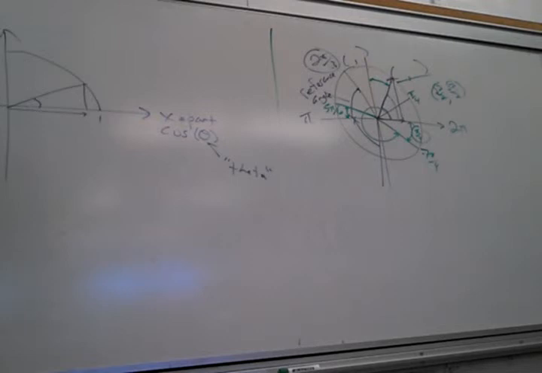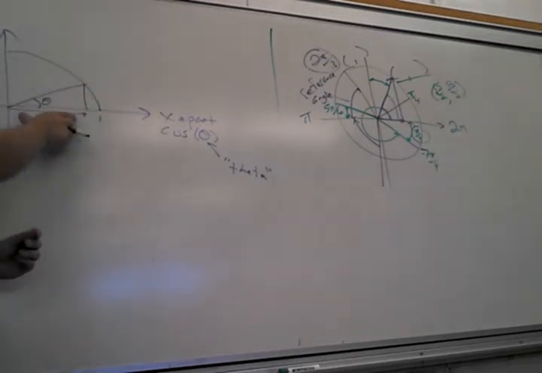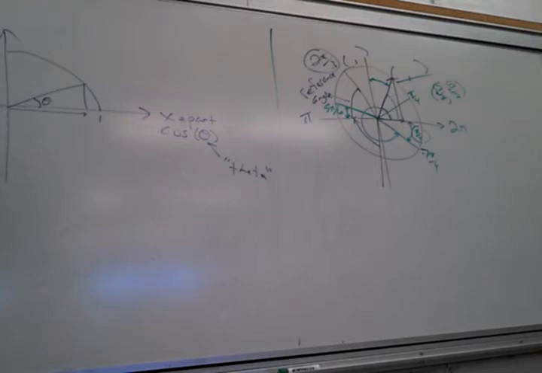So cosine of theta is the x part of the triangle you would get if you drew that triangle in for that angle. So here's theta. Draw the triangle in. The x part is what cosine is. It's a function, but that's its definition. So it's not cosine theta equals the square root of x squared minus 2 or something. It's actually an idea. The cosine is the x part of its triangle.